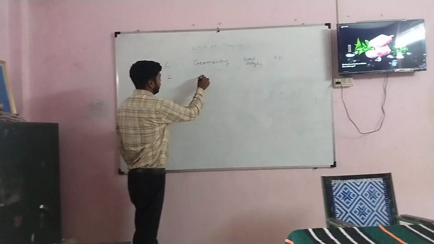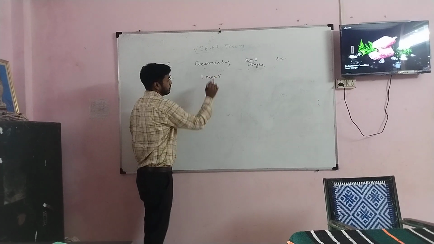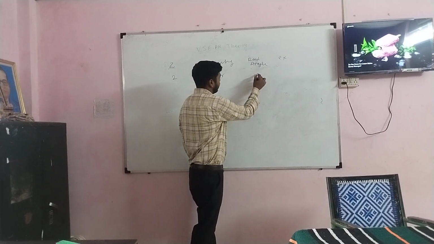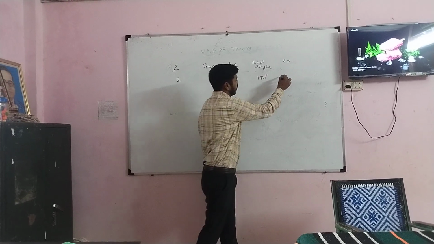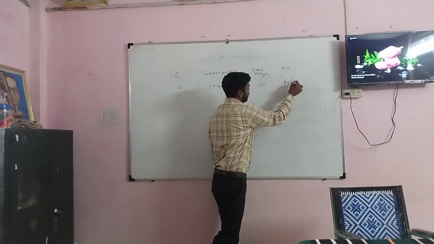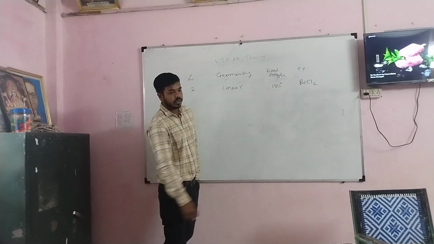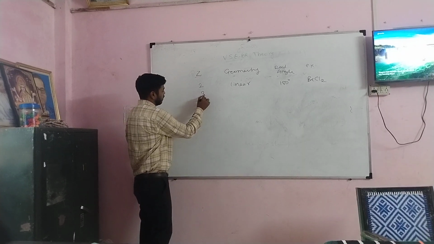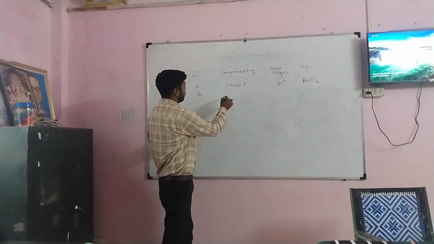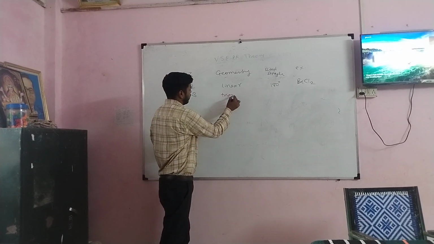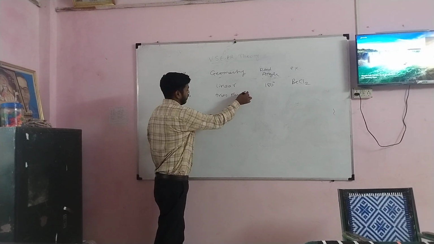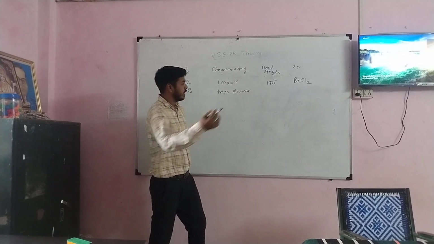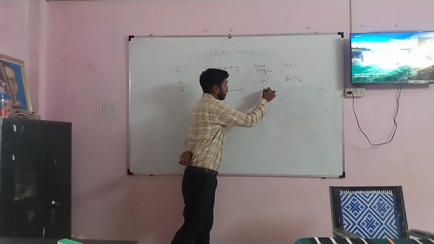If the value of Z, that is the number of electron pairs on the molecule, is 2, then the geometry is linear and the bond angle is 180 degrees. This example is BeCl2. If the value of Z is 3, then the geometry is trigonal planar, and the bond angle between the electron pairs is 120 degrees.